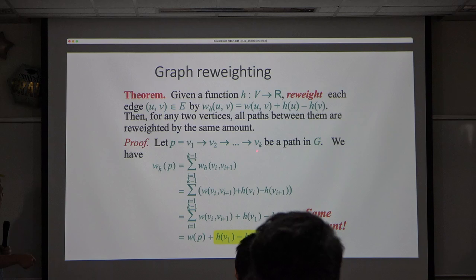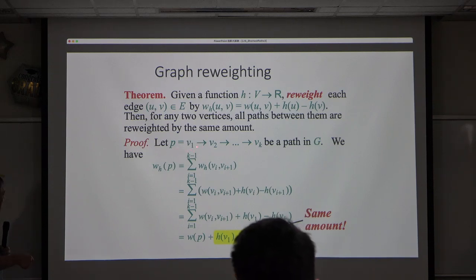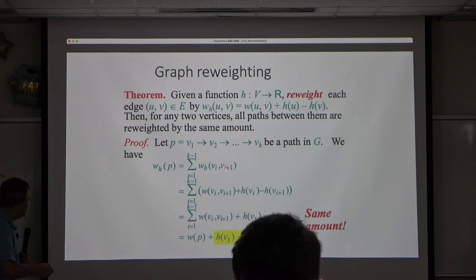So if we have a path from V1 to Vk, this is one path. Then you see after the reweight, W_h(p) is going to be the sum of W_h(Vi, Vi+1) from i to k minus 1, right? We know that.